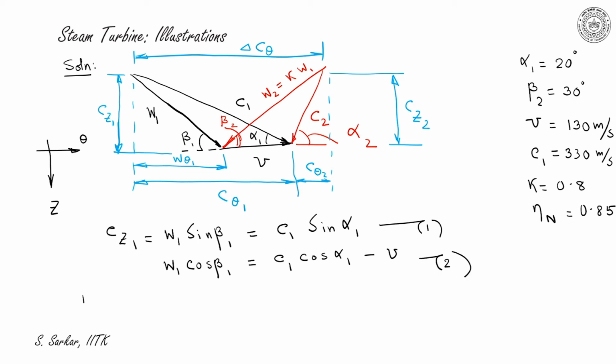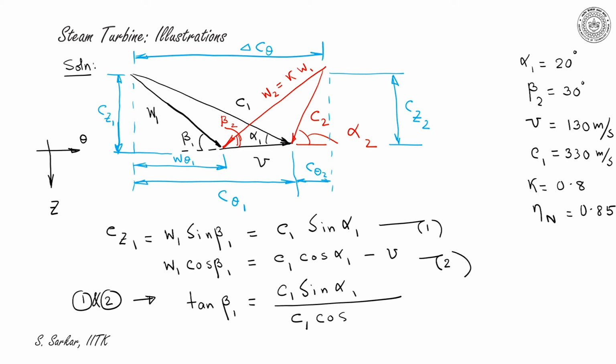Now from 1 and 2, I can get tan beta 1 equal to C1 sine alpha 1 divided by C1 cos alpha 1 minus U. Here I know the value of C1, which is 330 meters per second.